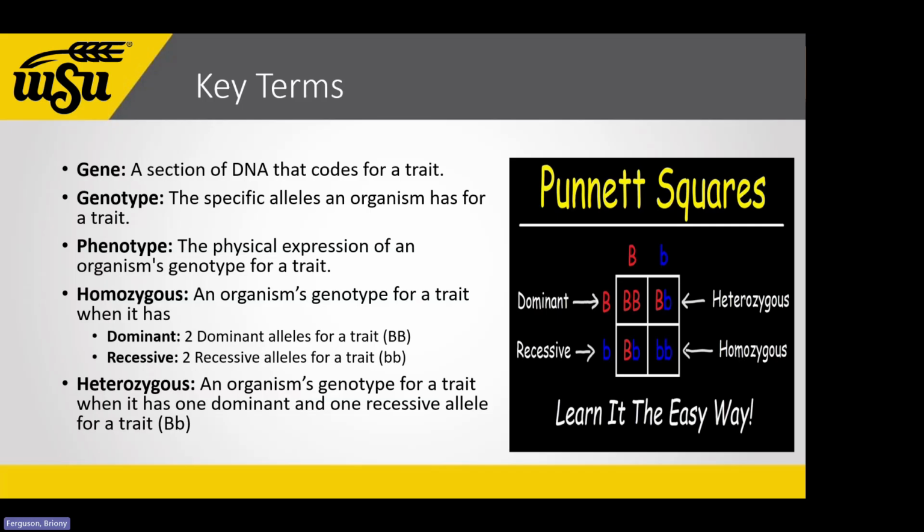What this means for your phenotypes is that one dominant or homozygous dominant offspring is going to be red. There are no recessive alleles present in this offspring's genotype. The heterozygous offspring, you can see we have two of these.